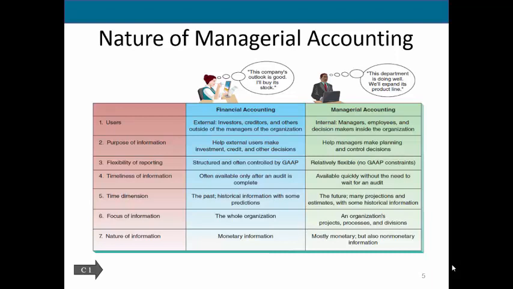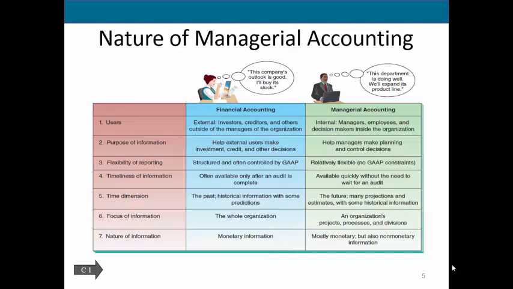We've already mentioned that financial accounting is more externally based, whereas managerial accounting is internally based. When you learned financial accounting, all of those rules and everything that you were learning was controlled by generally accepted accounting principles, which are written by the FASB, and this is all government regulated.